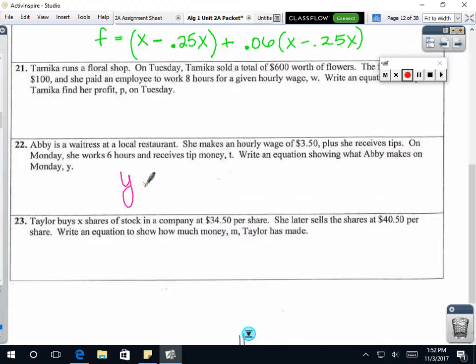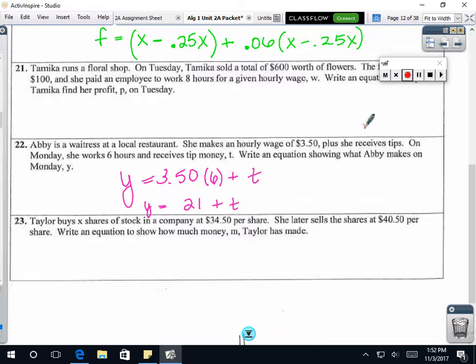So y equals what? You can times 6, because she's working for 6 hours at that per hour, plus whatever she makes in tips. Now, some of you may have gone ahead and simplified this to 21 plus t, and that's okay because 3.50 times 6 is 21. Okay?